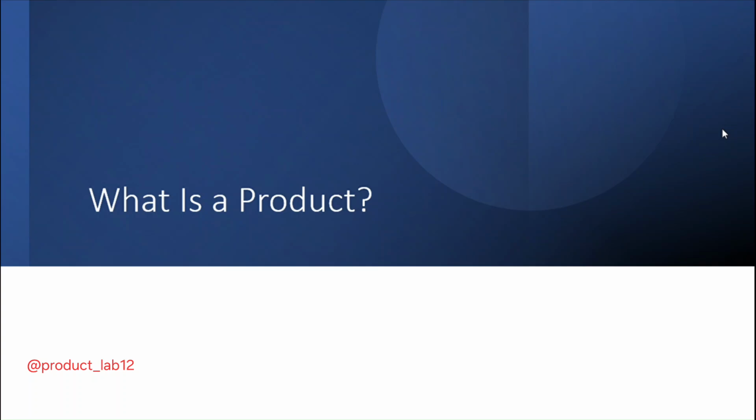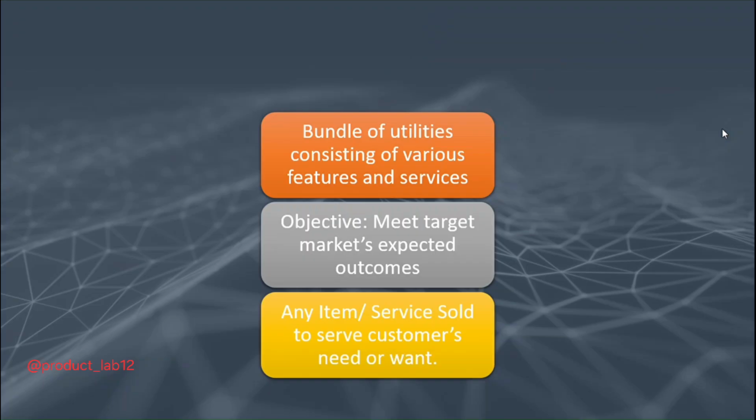I'll tell you what comes to my mind when I think of the word product. A product is basically a bundle of utilities consisting of various features and services. Any item or any service which is sold to serve a customer's need or want is a product.